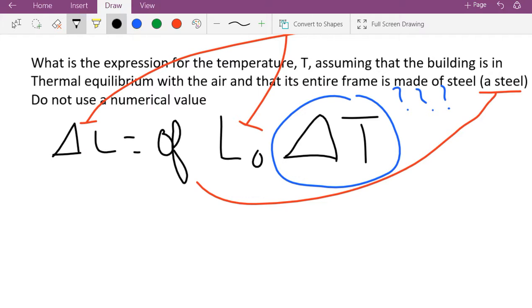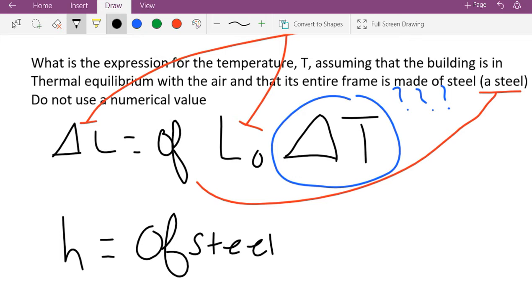This is going to be h, and this is going to be alpha steel, times h naught. And this delta t is going to be t minus t naught.